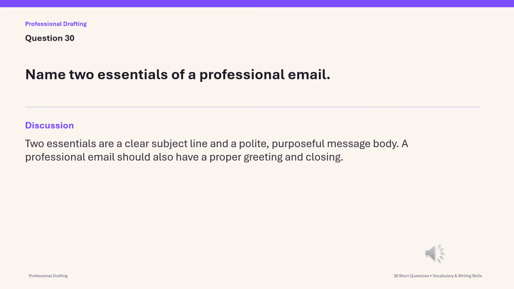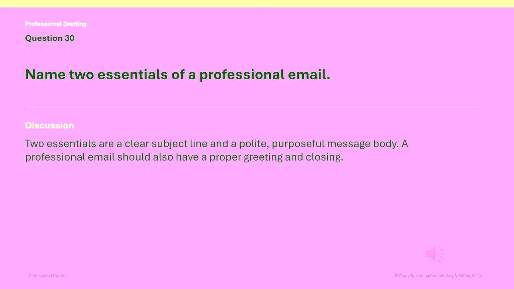For example, the subject line should tell the reader what the mail is about, and the body should include a proper greeting, followed by the main message and a suitable closing. A professional mail should not be too casual, and it should not be too long or confusing either. So, a professional mail must have a clear subject, polite tone, proper greeting, and a closing.